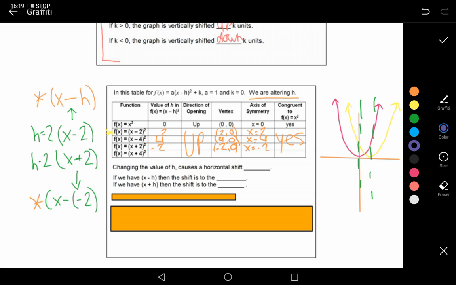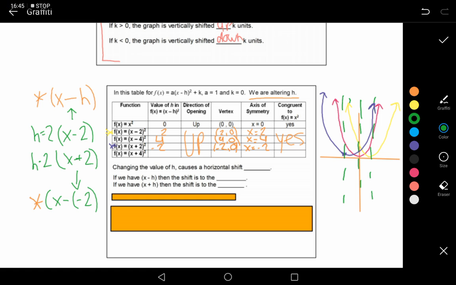And I will draw that one for you as well. So if my vertex is at negative 2, 0, that's going to be about here on my graph. So that's my new origin. Everything else about my graph is going to stay the same. Obviously if that's my origin, my axis of symmetry is going to move over.